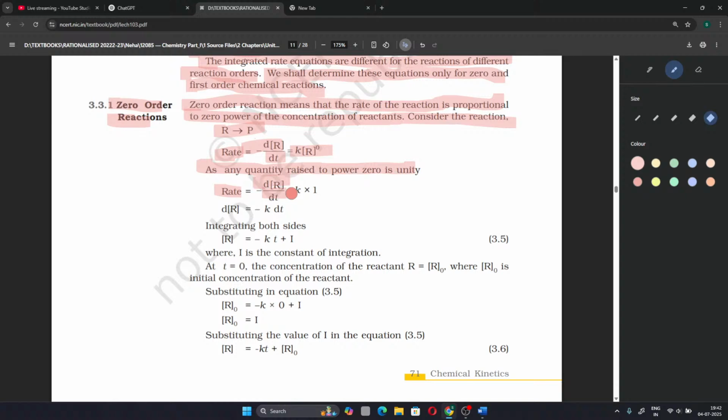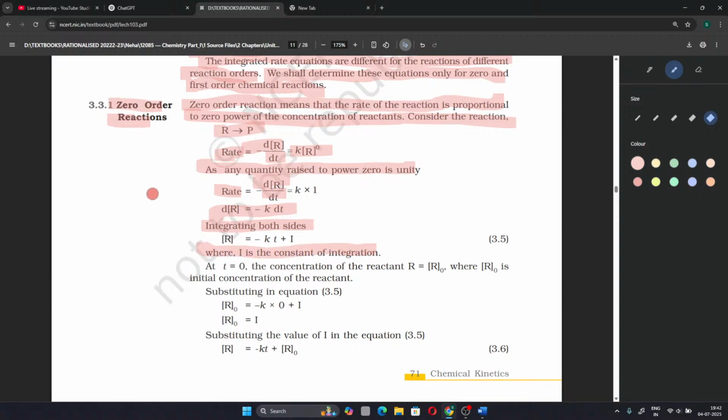So the change in concentration of R equals minus k dt. Integrating both sides, we will get [R] equals minus kt plus I, where I is the constant of integration.